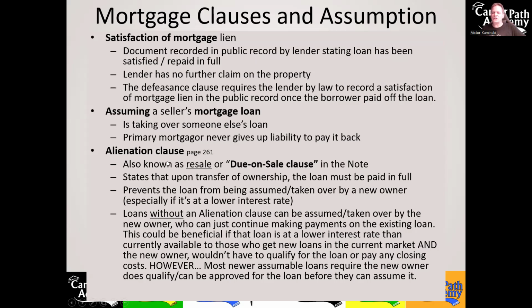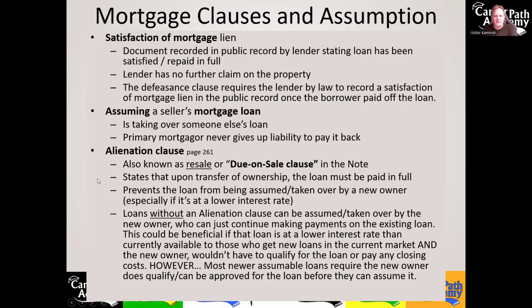So, the alienation clause, also known as the resale or due on sale clause in the note.